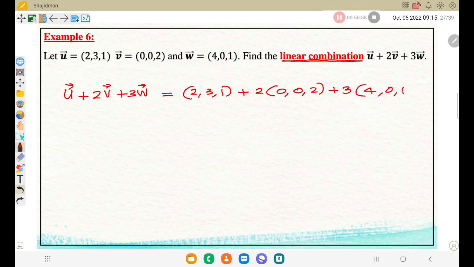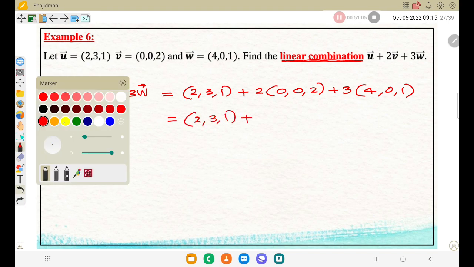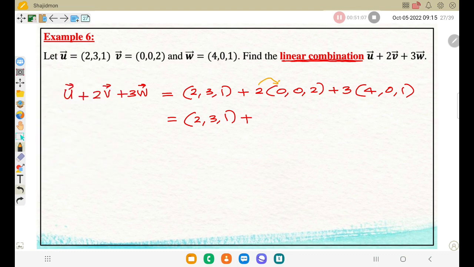Equals (2, 3, 1) plus, you know how to multiply 2 times this vector, correct? Each number multiplied with the outside number. So we get 2 times 0, 2 times 0, 2 times 2, plus 3 times 4 is 12, 0 and 3.